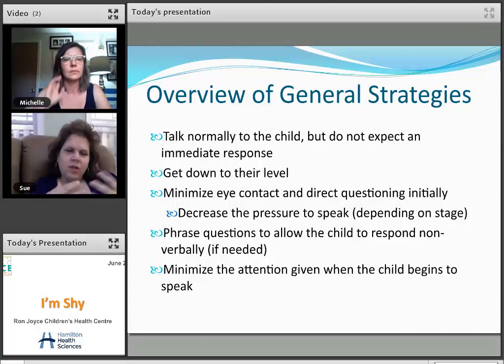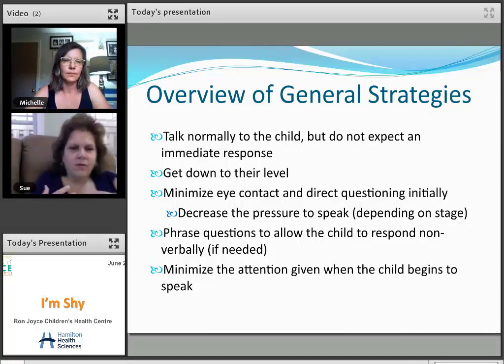And just some general strategies here: try and have sort of a normal conversation, right? Don't expect an immediate response from your child, and try and get down to their level. Getting down to their level doesn't necessarily mean I have to be in their face.